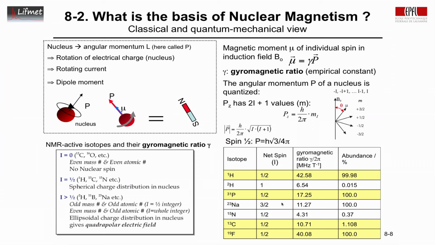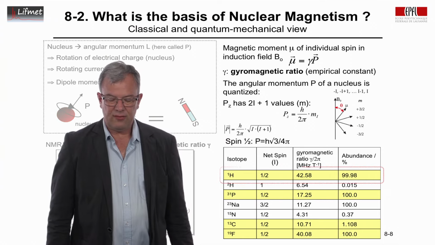It's a spin 3/2, and gyromagnetic ratio is roughly 1/4 of water. Same holds for carbon 13, but the abundance for carbon 13 is 1.1%. And fluorine 19 has almost the same gyromagnetic ratio as protons, and the abundance is also very high. We just don't have a lot of fluorine in our bodies.